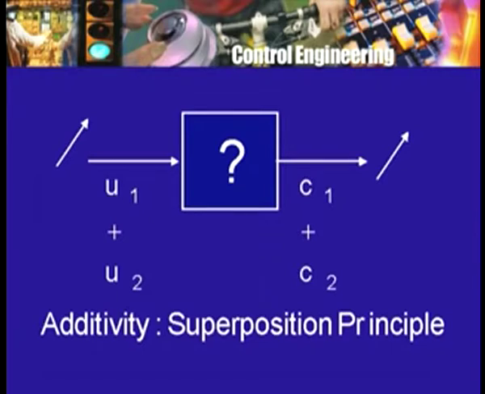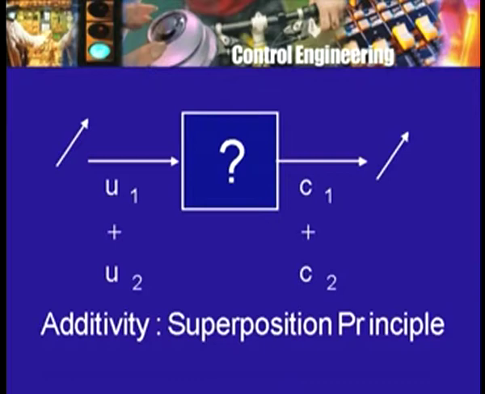Note that we do not apply two inputs together. What we apply is, we apply input u1, look at the response, then change the input to u2, look at the response, and then go back and apply a new input u1 plus u2, the sum of the two inputs, and see if the response looks like the sum of the original responses. The system still has one input, one output.